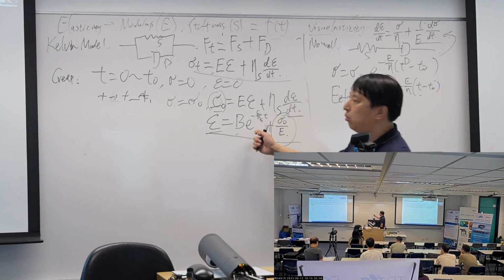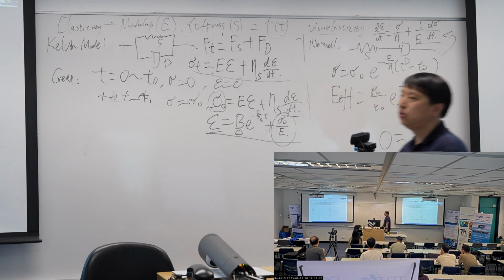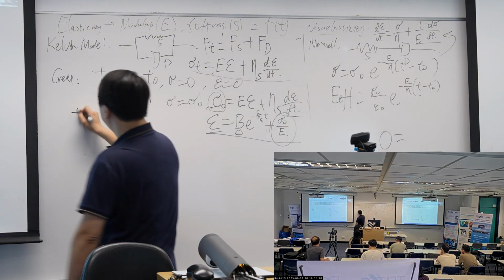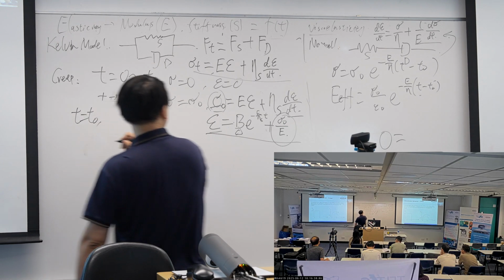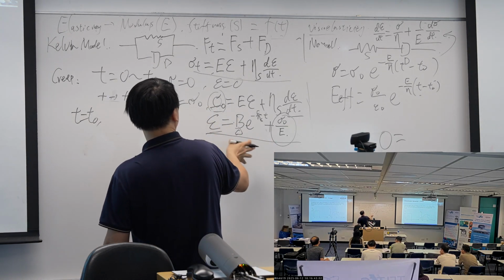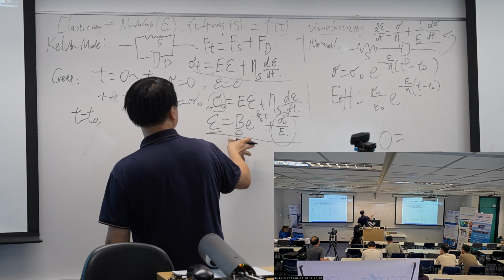And then we need to decide the b, and that's the same game. We put it back in when t equals t0.